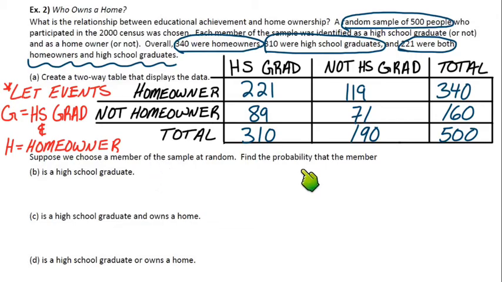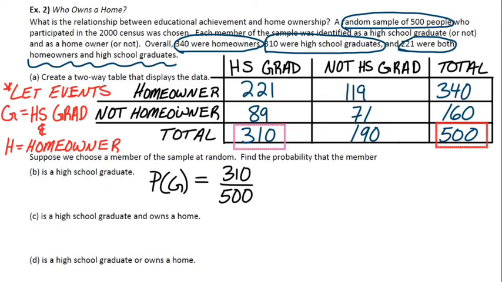What's the probability of each scenario? The probability that that member is a high school grad. So just a high school grad. So that would be the probability of G, right? That's what we said is going to be our event high school grad. And then we look, for high school grads, there's 310 out of a total of 500. So just 310 out of 500. And we're going to leave our answer like that.